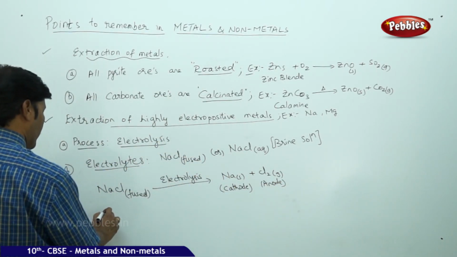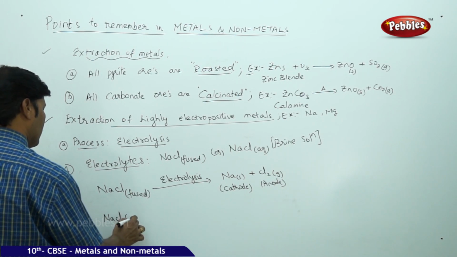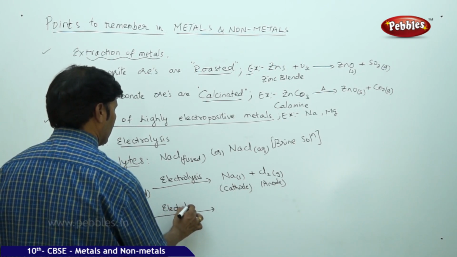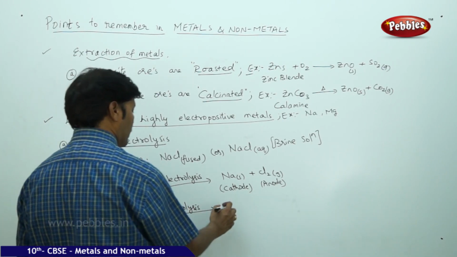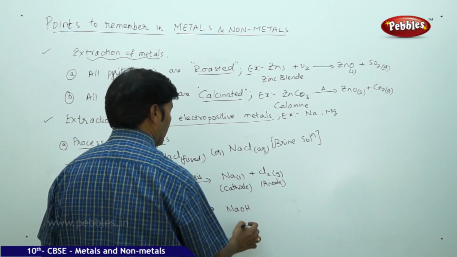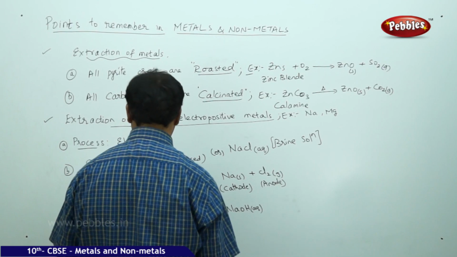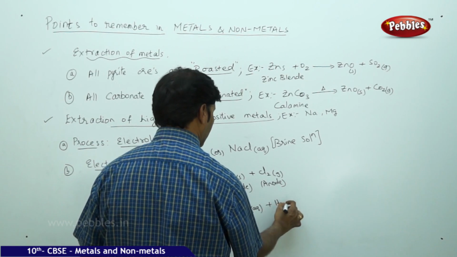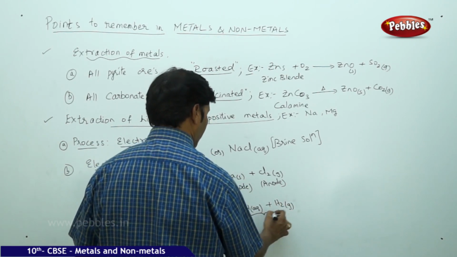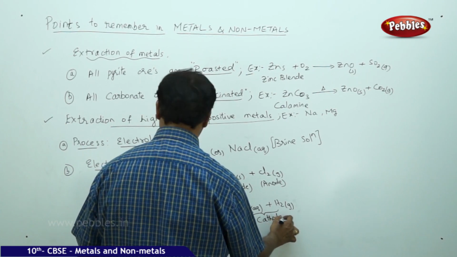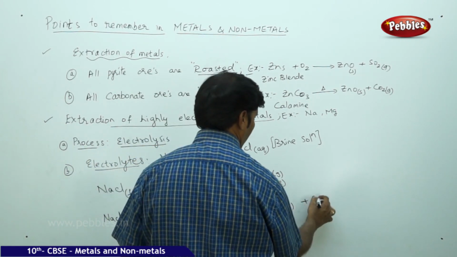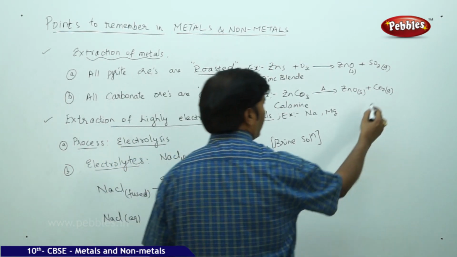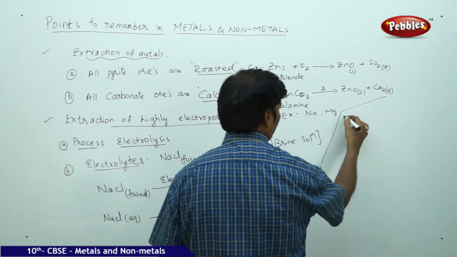On the other hand, if you go for NaCl aqueous, when subjected to electrolysis, it gives NaOH aqueous plus H2 gas at cathode and chlorine gas at anode. So here what you can expect is, this is called a side reaction.